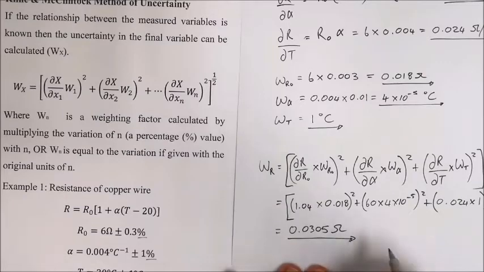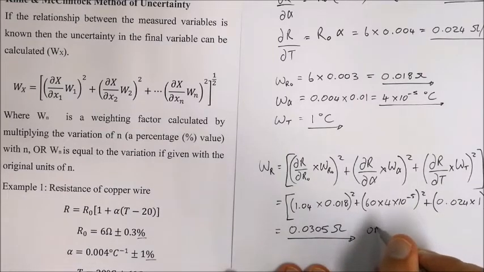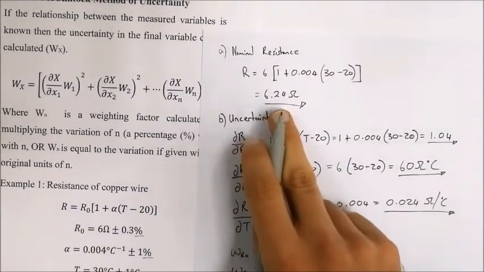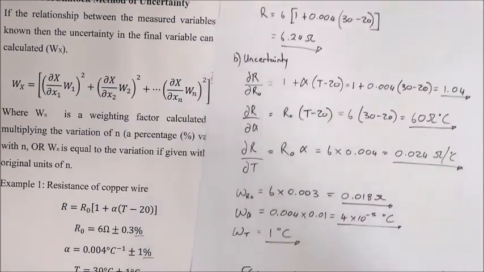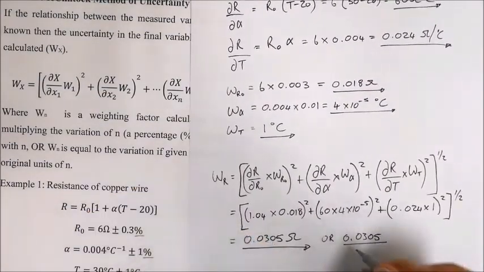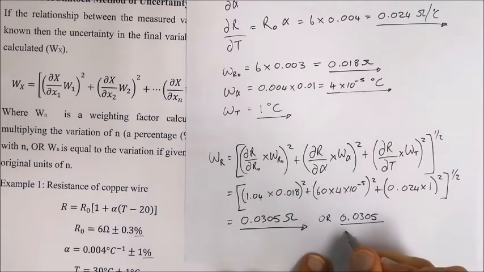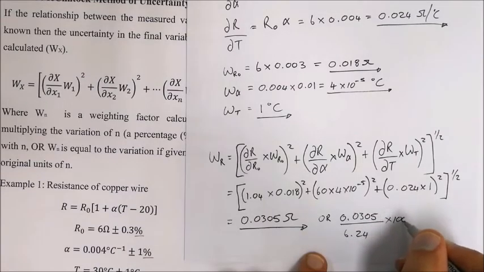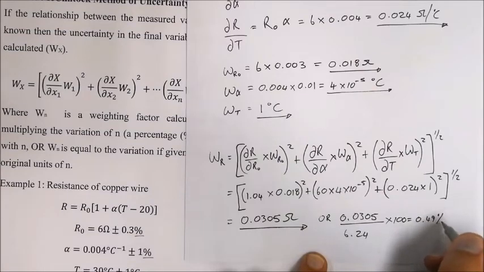So we can also say this is 0.0305 divided by the nominal value that we calculated for the resistance. Remember, that was done over here at the top, 6.24. So we divide that by 6.24 and multiply by 100 to get a percentage, and we get a 0.49% uncertainty.